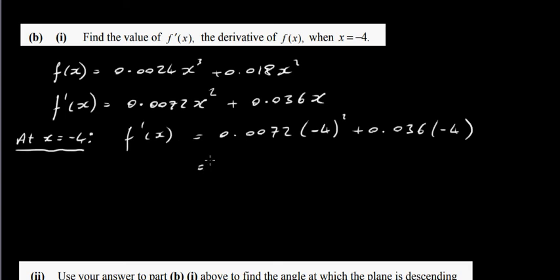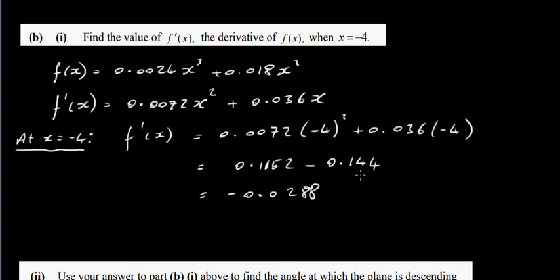So when we do that, then we get, let's see, here we get 0.1152. So square the minus 4 first, then multiply it by 0.0072. Here we're going to get minus, because we've got plus times minus, and 4 times 0.036 is 0.144. Okay, when we add these two, or subtract them in this case, minus 0.0288.